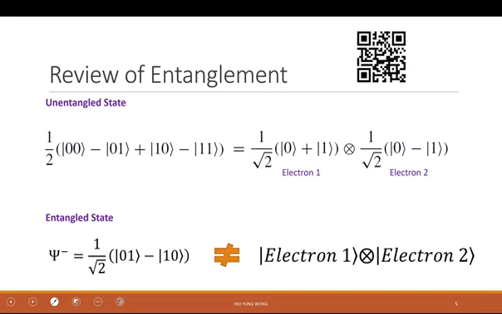That is okay, right? We also talk about entangled states. For example, this one is one of the entangled states we learned before, one of the so-called Bell states, right? This is the psi minus. Here it has the linear combination of 2 of the basis states in the 2 qubit space, 0, 1 and 1, 0.